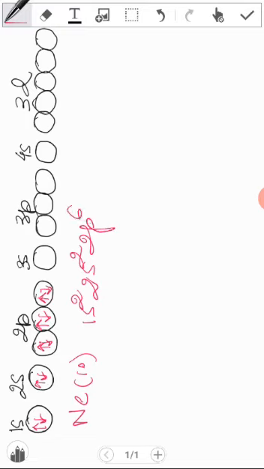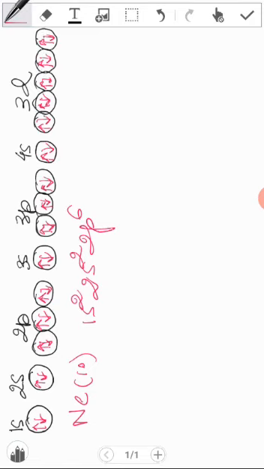Now see, if 11 electrons are here, 10 are here, this is 11, 12, then 13, 14, 15, 16, 17, 18, 19, 20, 21, 22, 23, 24, 25, then 26, 27, 28, 29 and 30.